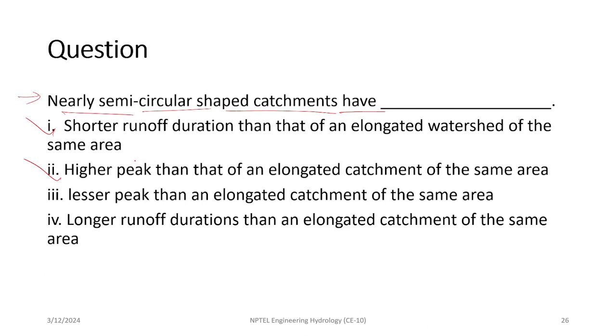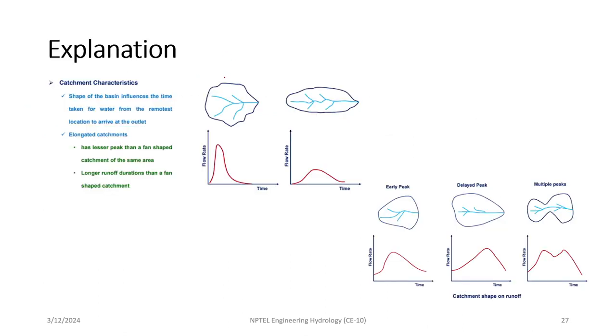So if we are getting a nearly semicircular kind of catchment, then the duration of this flow hydrograph will be less, right, as compared to the elongated one. For the elongated case, the duration is much higher and the peak is less.